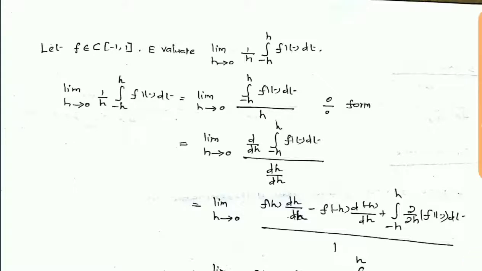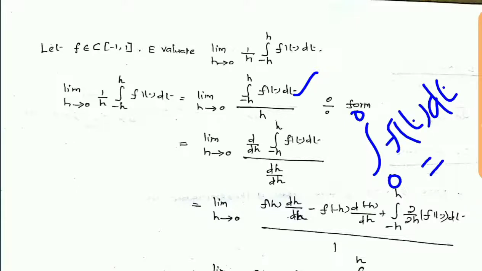This limit can be rewritten as the limit as h approaches 0 of the integral from -h to h of f(t) dt, divided by h. If I directly substitute h equals 0 here, I'll get the integral from 0 to 0 of f(t) dt.